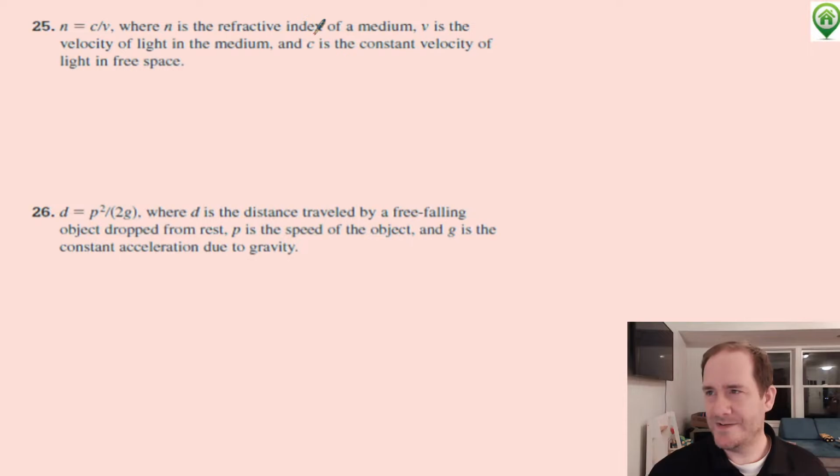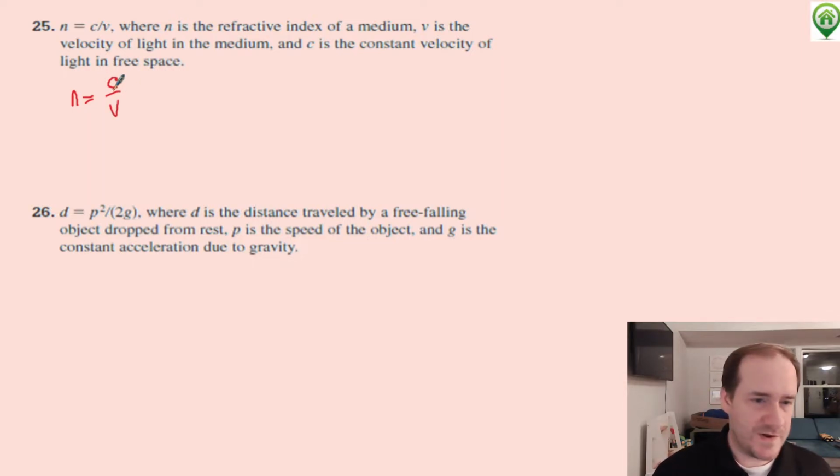N is the refractive index of a medium. V is the velocity. And C is the constant velocity of light in free space. Okay, so we can see that this is N equals C over V. C is the constant. So we are dividing by our variable. That means this is an inverse variation.